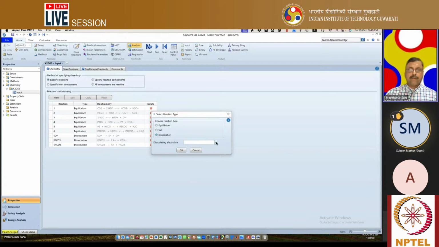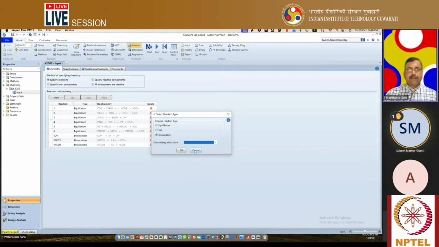If it is a dissociation reaction, dissociation of which electrolyte? Here I have chosen KOH electrolyte. Here I have chosen K2CO3. Similarly, you have to choose the particular dissociation and say that I want this particular chemical to dissociate.